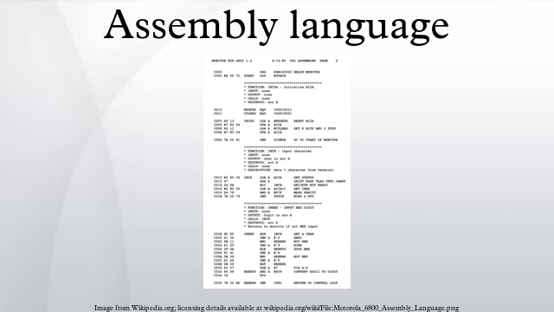Assembly directives, also called pseudo-opcodes, pseudo-operations or pseudo-ops, are instructions that are executed by an assembler at assembly time, not by a CPU at runtime. The names of pseudo-ops often start with a dot to distinguish them from machine instructions.